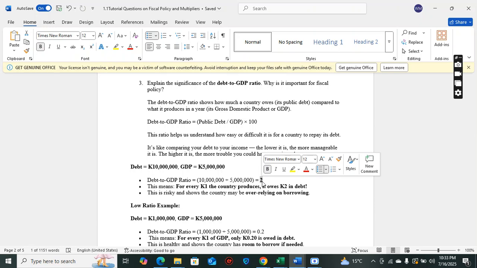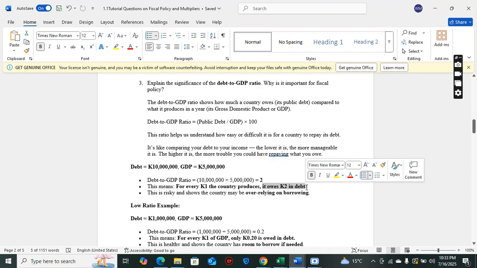Another way we can interpret this is, for every one kwacha the country earns from production, it owes 2 kwacha in debt. So if you produce a good and you earn 1 kwacha, you've got 2 kwacha that you're owing. So with that 1 kwacha you can't pay off your full debt, you can only pay half of your debt.